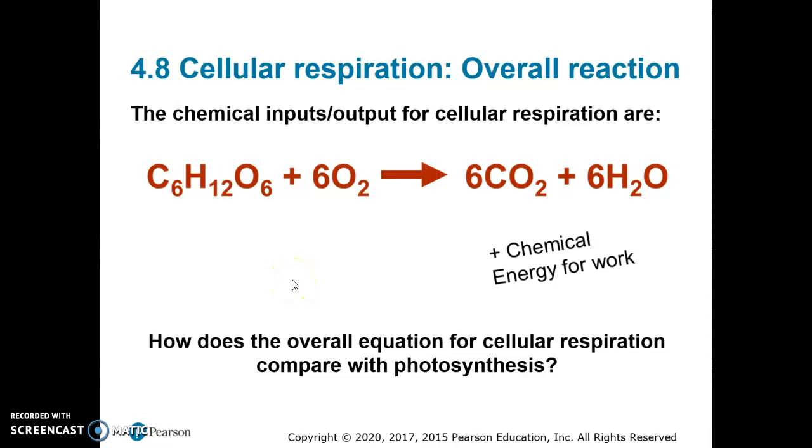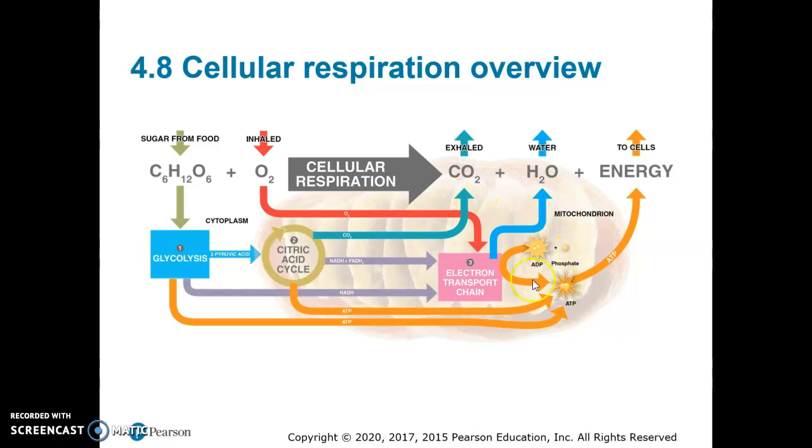Okay, so here's the overall reaction, remembering that you and I are eating sugar and we're breathing oxygen. The truth is that in order to get the energy from the sugar molecule, I'm going to break that chemical bond. And when I break that chemical bond, that energy that is released will be used to make ATP.